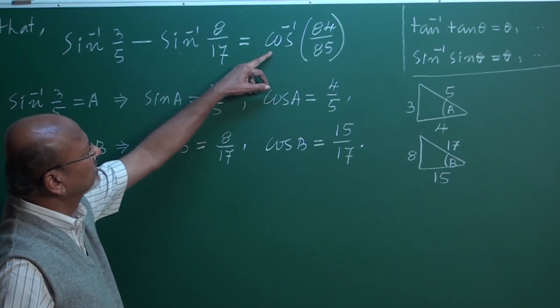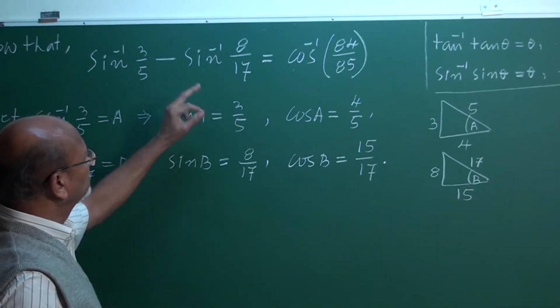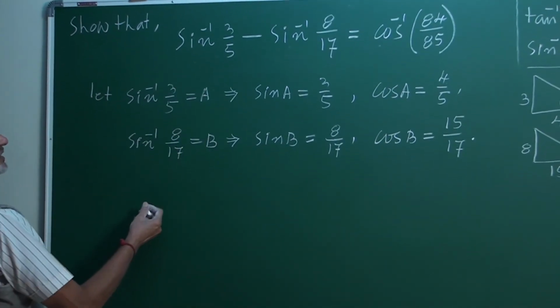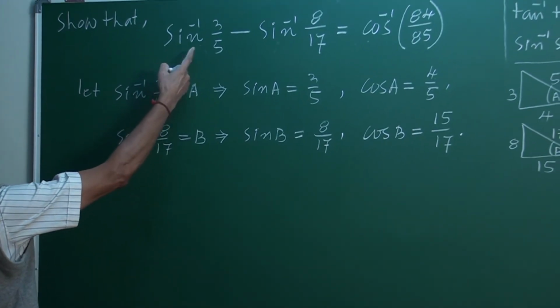RHS is cos inverse. Take cos A minus B. Now, substituting these values.